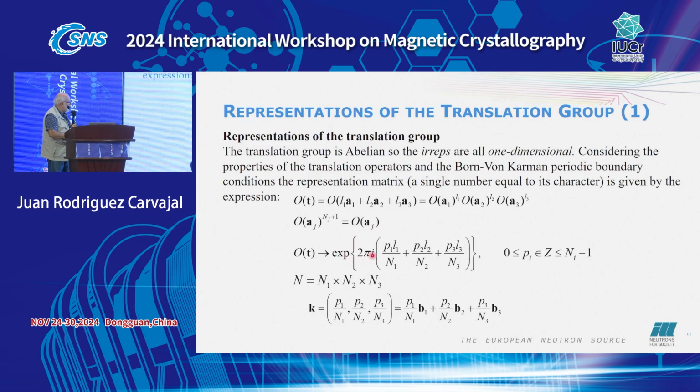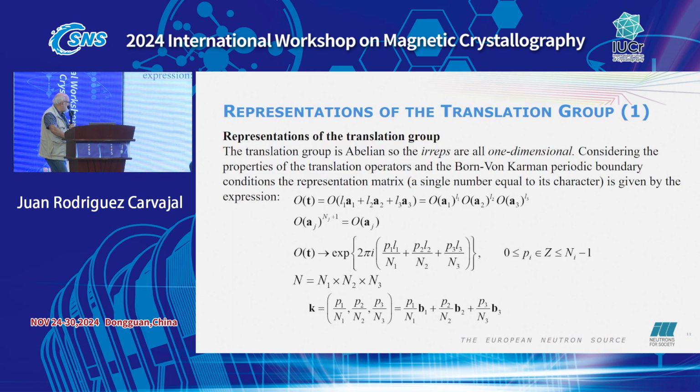Like, the root of unity, in fact. Exponential 2 pi with these numbers here. L1, L2, L3 correspond to lattice translations. And then you have here a series of numbers. If we have a crystal with N1, N2, N3 unit cells, the product of that is the number of unit cells that you have in the crystal.